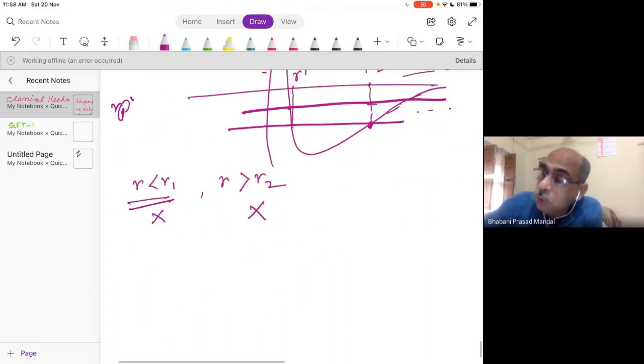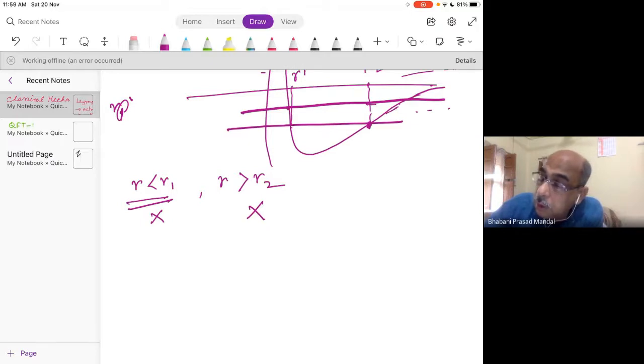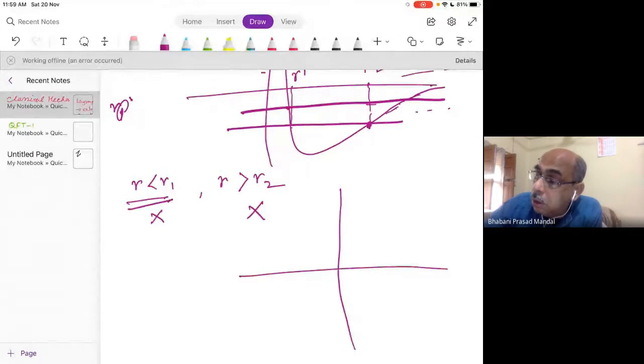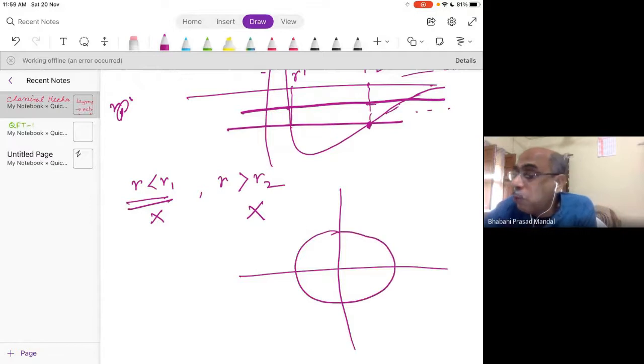What will be the motion? The trajectory will be closed or... So this is your R1, suppose, and this is your R2.